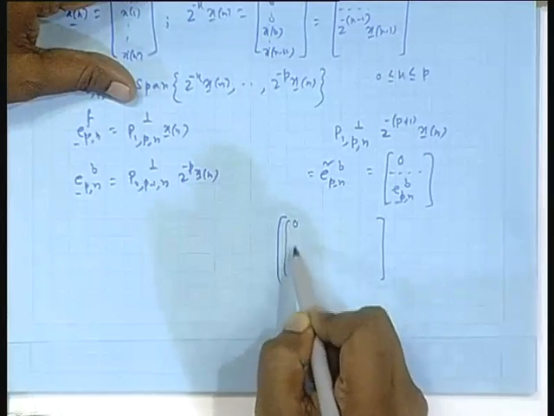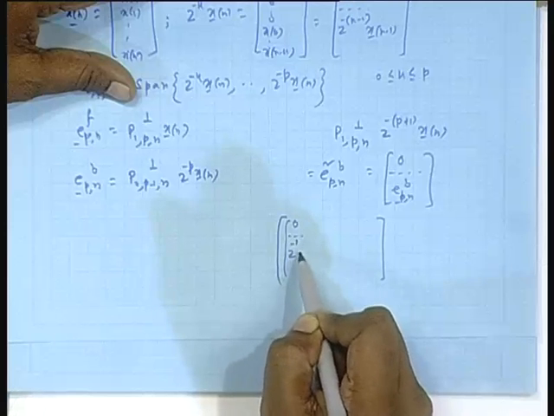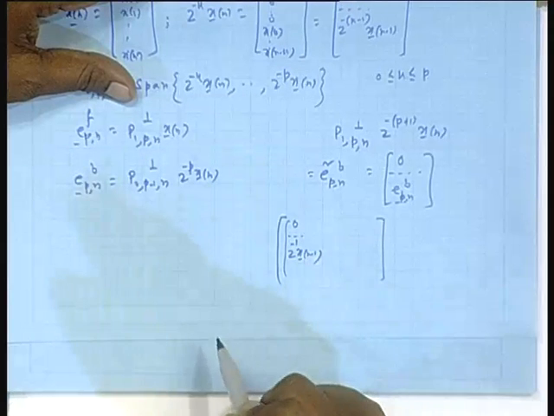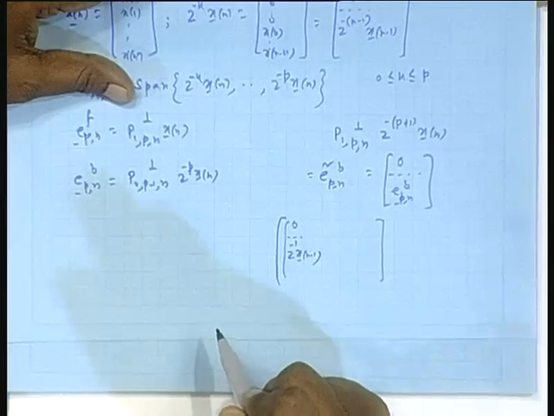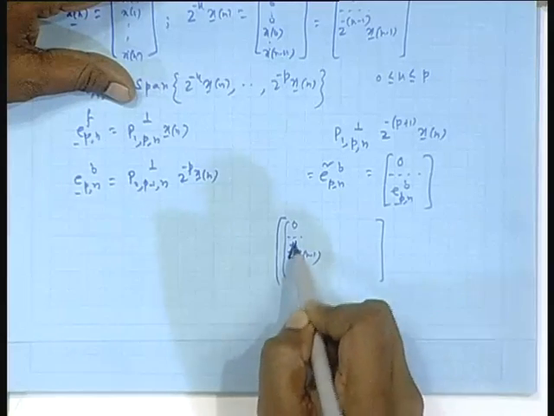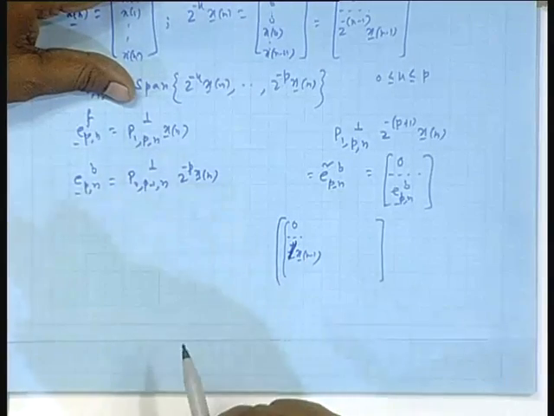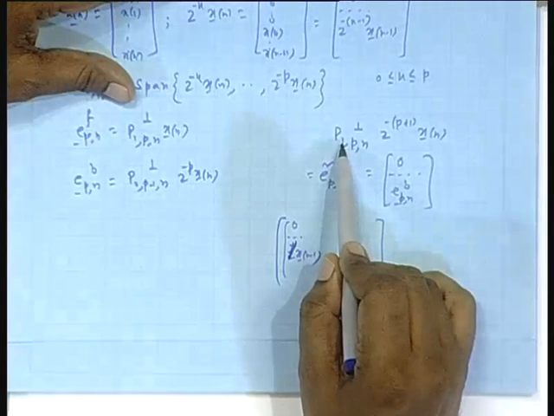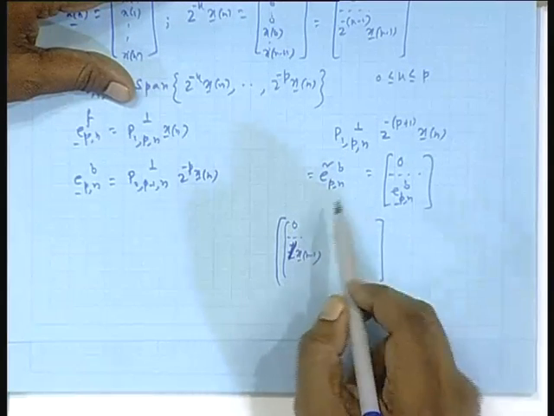First column was 0, x n minus 1. Sorry, not z to the power minus 1, just x n minus 1, z to the power minus 0 in fact. Z to the power minus 1 x n, that is 0 and x n minus 1.